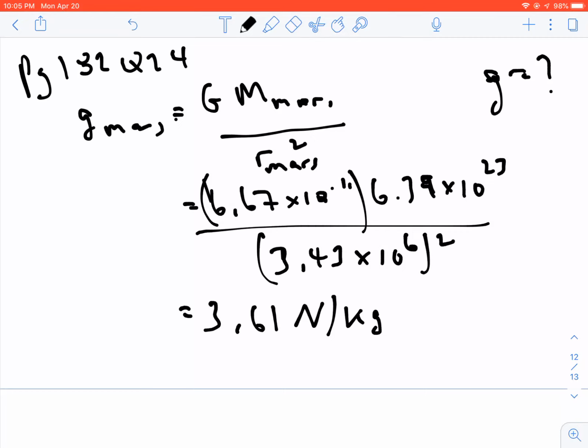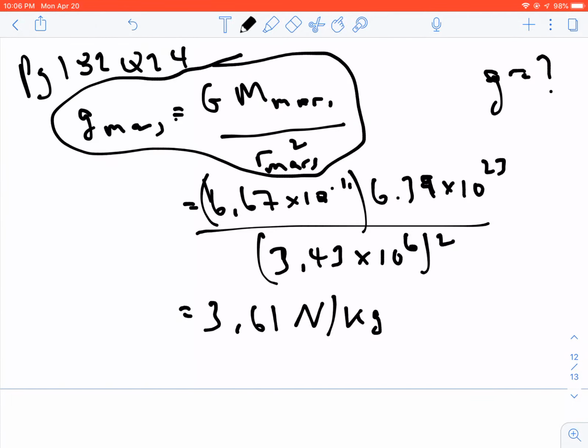So on different planets, we know that the value of little g will be different because the mass of planets are different and because the radius of the planets are different. So if I'm going to calculate little g, I'm going to use my formula here. It says little g is equal to big G, the universal gravitation constant, times the mass of the planet, or the mass of Mars, divided by the radius of Mars squared.